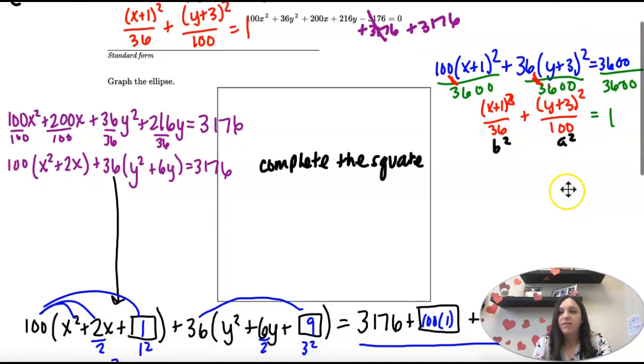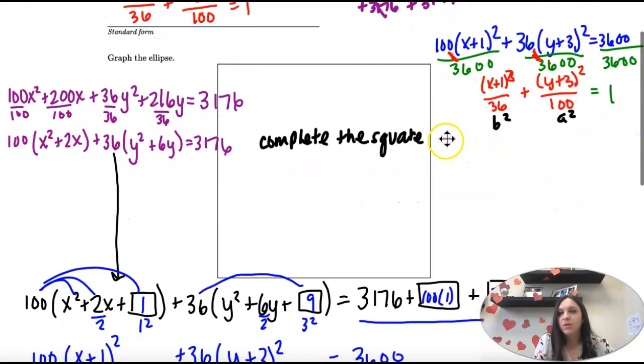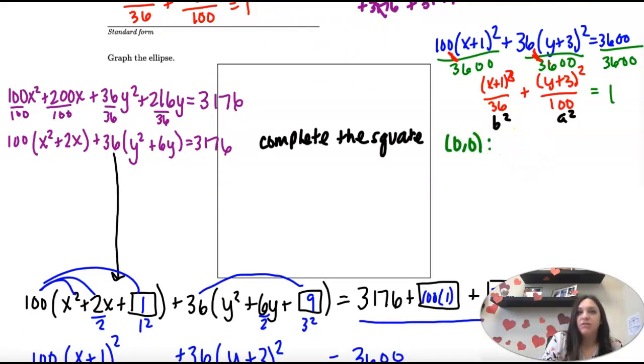So just like we did on number 8, I'm going to pretend that we're at 0, 0 for the center, and then I'm going to shift. So if we're at 0, 0, our a values for our vertices would be 10.